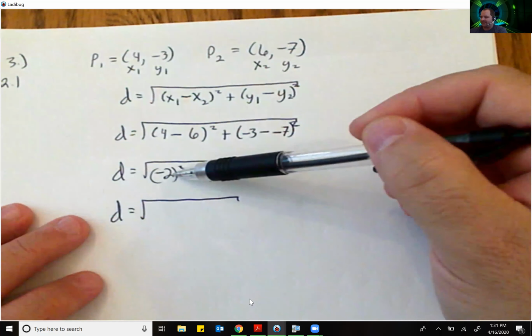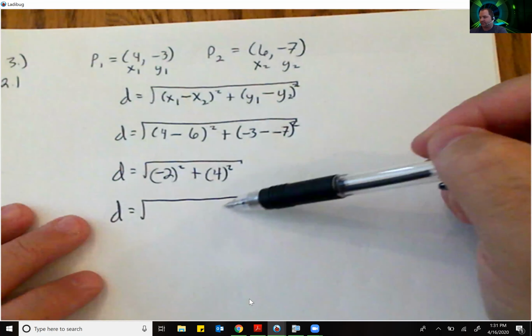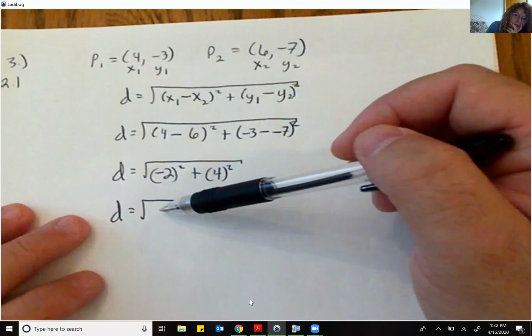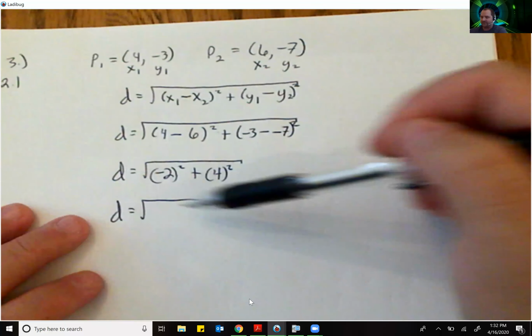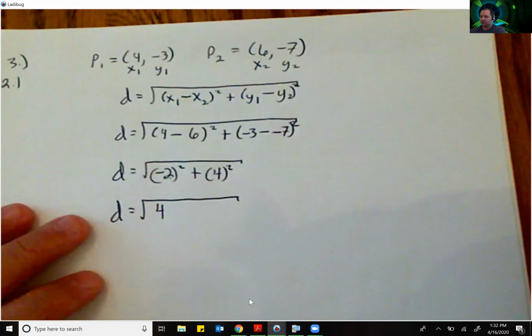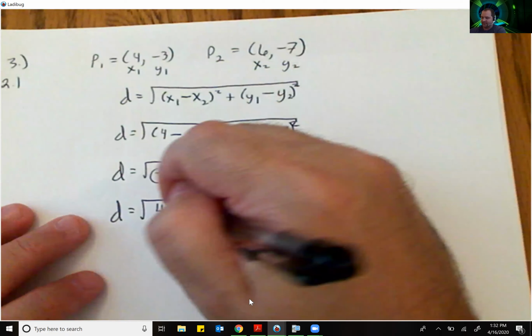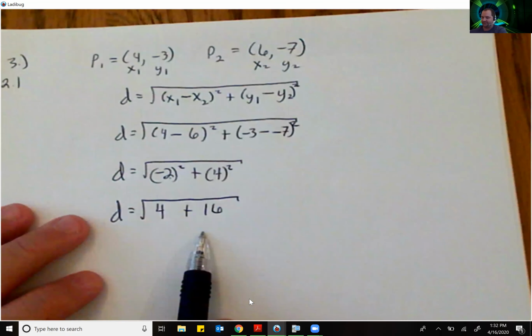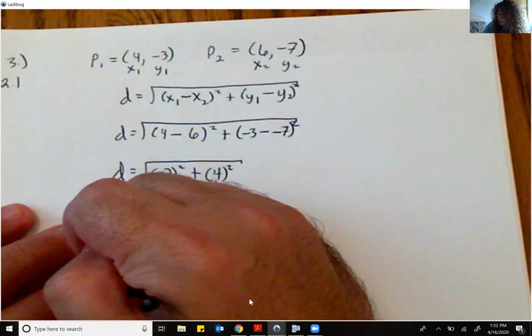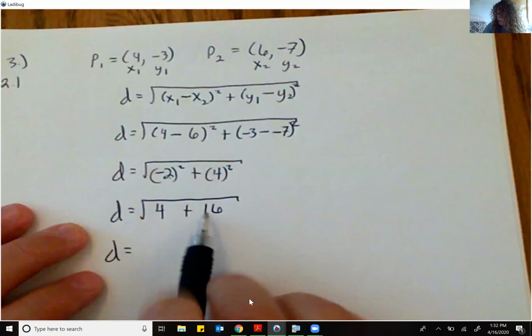You will never, ever get any negative numbers under this after the squaring. These should be two numbers you add together that are positive. So negative 2 squared is 4. 4 squared is 16. You should have two positive numbers. If you tell me one of these is negative, that means you squared wrong. 4 plus 16 is 20.